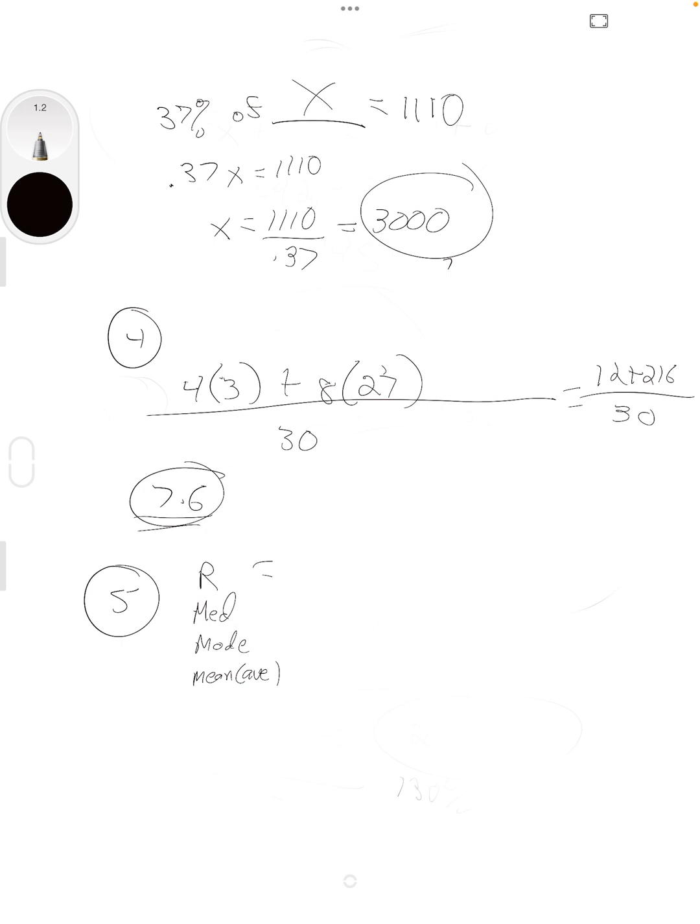And so the range is the low and the high. So the low of that number was 119. The high one of that number was 170. So the range from 119 to 170 is 51. There's a 51 difference between them.